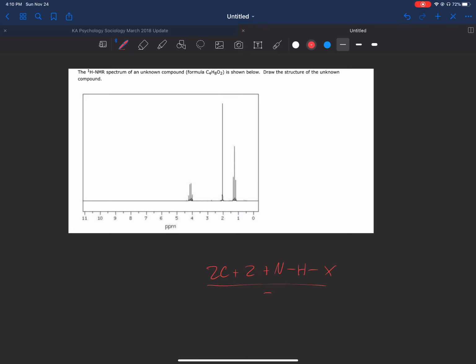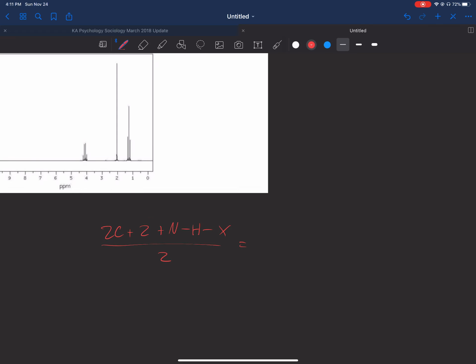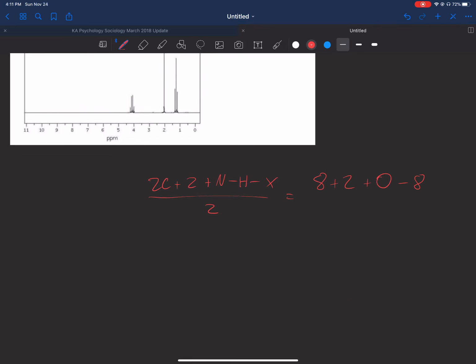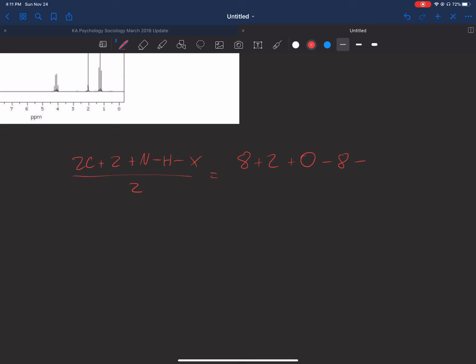Let's see, we're going to have 4, right? So 2 times 4 is going to be 8 plus 2 plus 0 nitrogens minus 8 hydrogens minus 0 halogens over 2, right? 8 plus 2 is 10 minus 8 is 2 all over 2. That's just going to be 1. You have an IHD of 1.